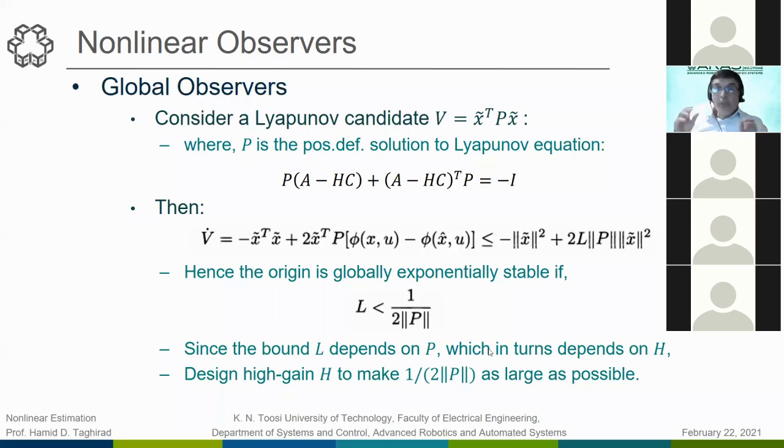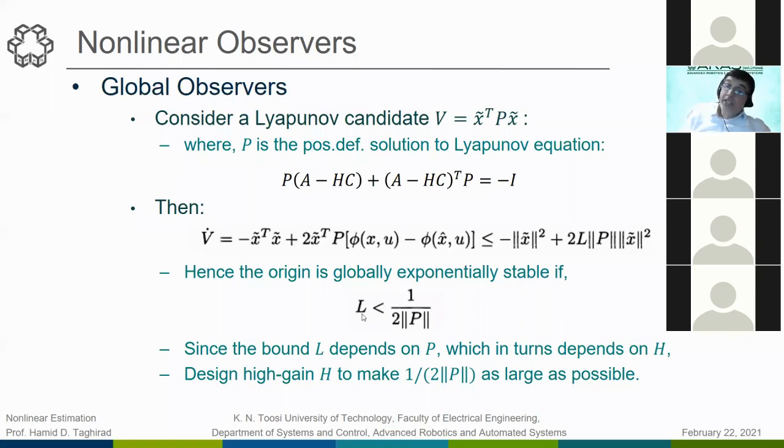We are hoping to design a high gain K, from the experience of nonlinear observers. If we have a high gain observer, then it is quite possible that we make 1 over 2P as large as possible, larger than the Lipschitz gain.